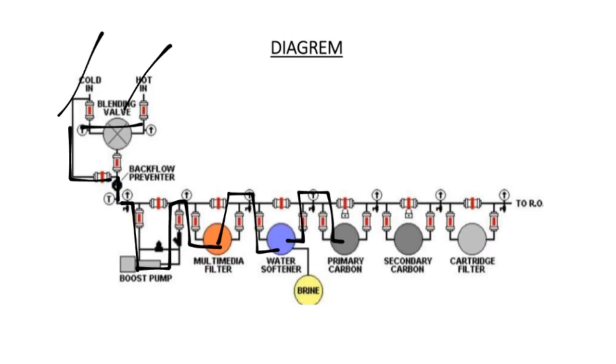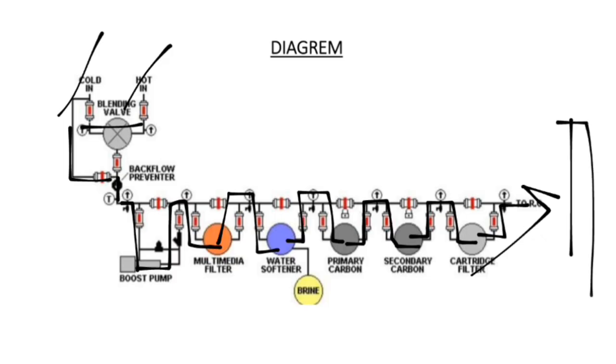Then the primary carbon tank, meaning the first one. Then the secondary carbon tank, meaning the second one, or polisher. And then it passes through the cartridge filter. After that it goes to the second part of the RO system, the RO membrane, where small molecules are purified.